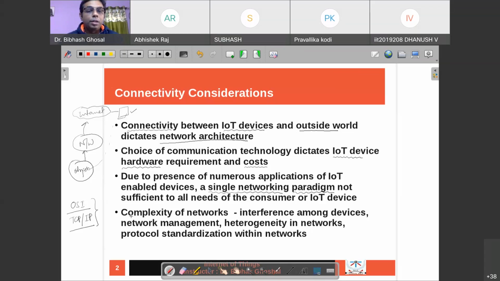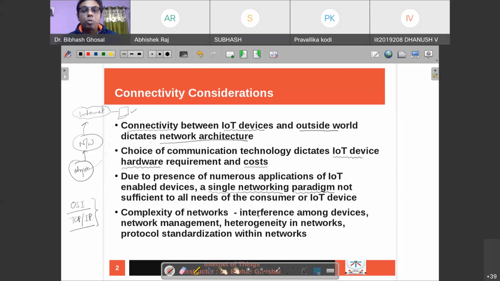And finally, the complexity of the networks. Now, because we are talking about different kinds of devices, it's not that all are same kind of homogeneous connections such as connectivity of computers. No, here we have devices which are of different types, different form, different data rate, different power requirement. So it's a heterogeneous connectivity of devices.